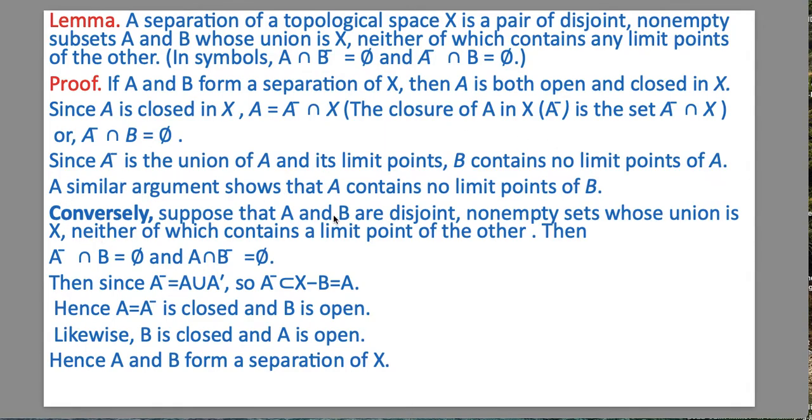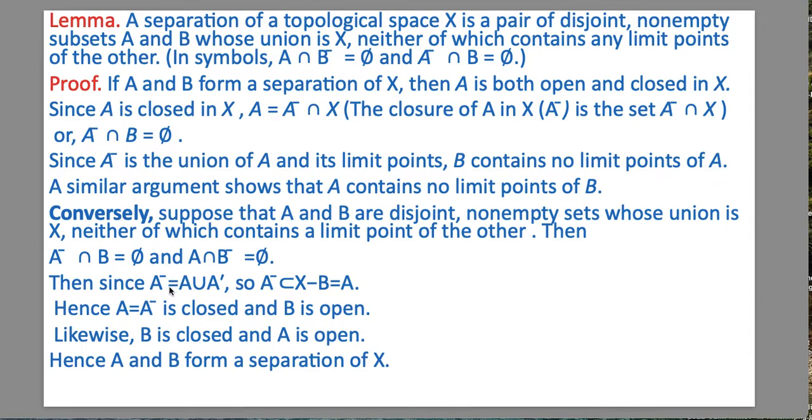Conversely, suppose A and B are disjoint, non-empty sets whose union is X, and neither of which contains a limit point of the other. It means A bar intersection B equal to phi and A intersection B bar equal to phi.